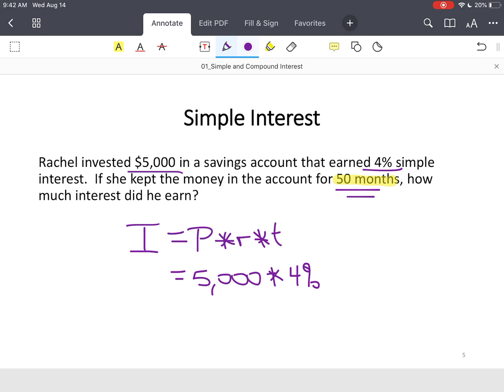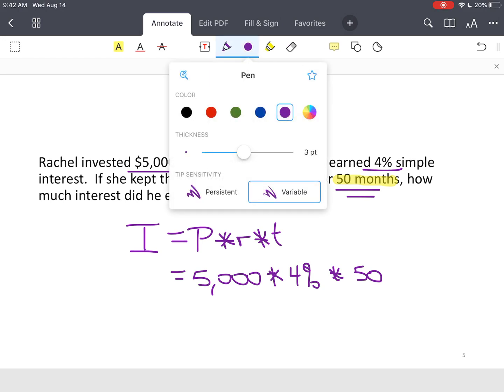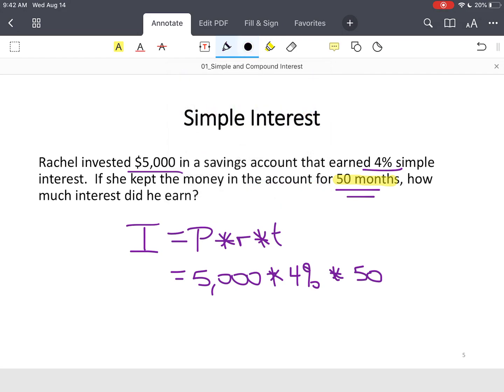Times time. They gave me 50 months, but I know I need this to be in years. So we know there are 12 months in a year. So all we're going to do is divide that by 12, because this is trying to go to years. So that's the only wrinkle, we got to add this divided by 12.